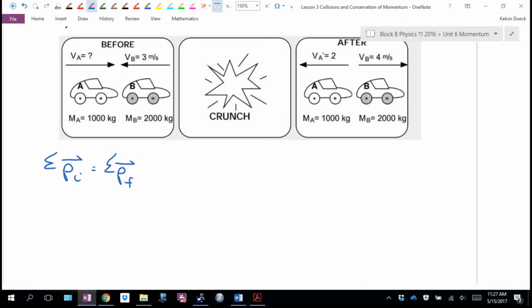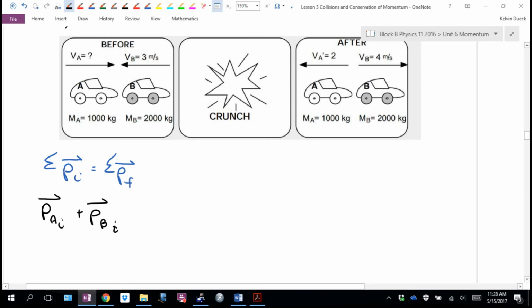Before the collision, what's moving? Mass A, mass B, both or neither? Stuck together or separate? Okay. Really what I'm saying is, how much momentum did we start out with? What was moving? So I'm going to go momentum of car A initial and momentum of car B initial. Separate.